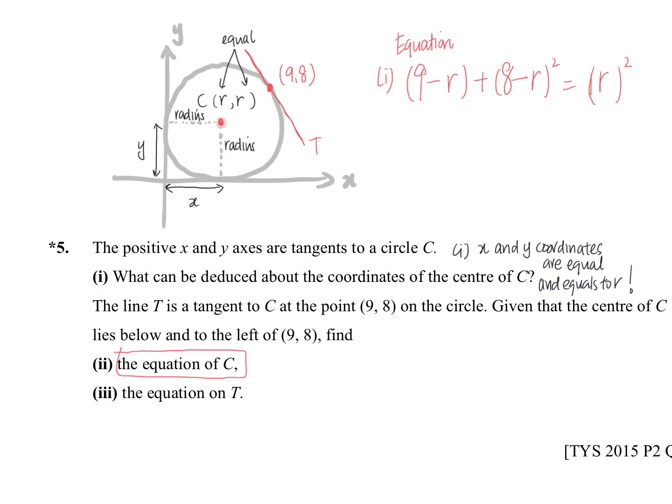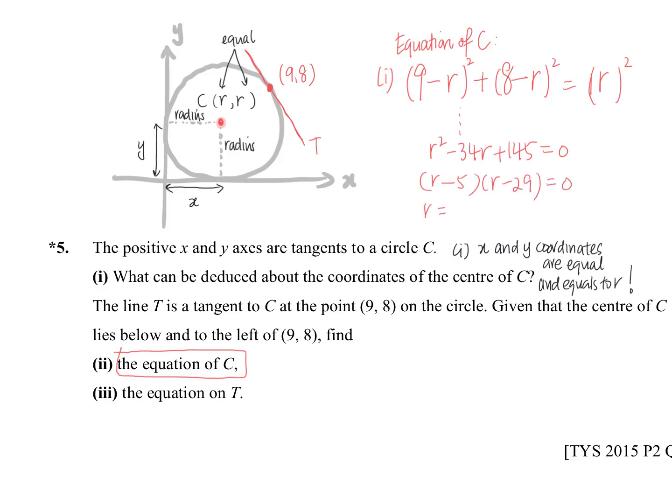So now what I need to do is to simplify it. If you expand everything fully out, 9 minus r also supposed to be squared. Yes, also squared. After you expand everything out, you will arrive at this equation, which you can factorize as these two.